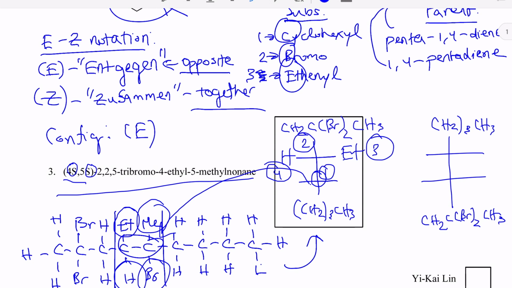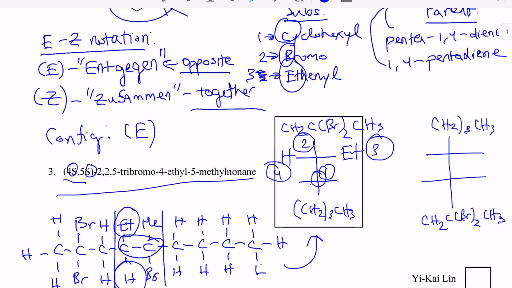This is a big giveaway because there's a bromine attached to that carbon, and that tells us that all the other carbons attached to the stereocenter, this carbon and the carbon that's part of the ethyl group, are only attached to hydrogens and carbons besides the stereocenter. So this would give us the highest priority according to the CIP rules.